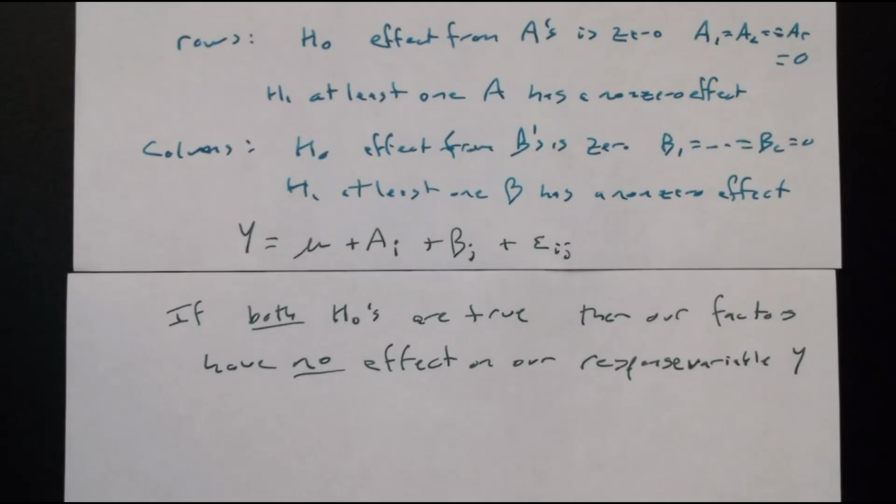But I do have to look at both. But I can say I reject H null for the rows because the p-value is small. I accept H null for the columns. I don't have enough evidence to reject it. So it could be that I get one or the other, or both, or neither. Okay. You're welcome.